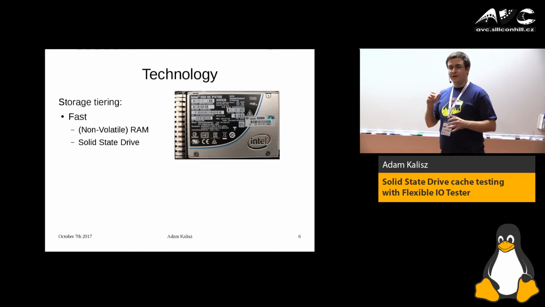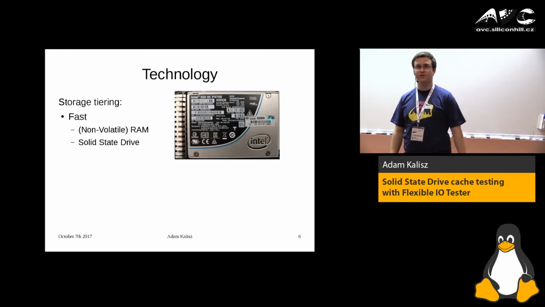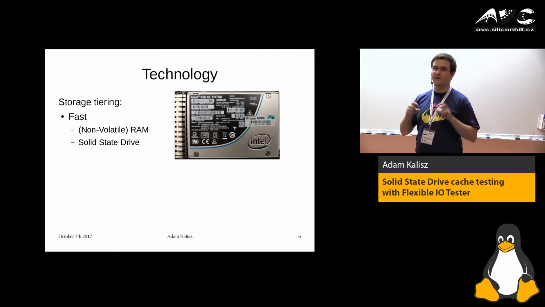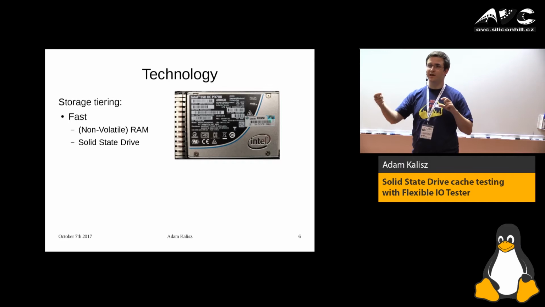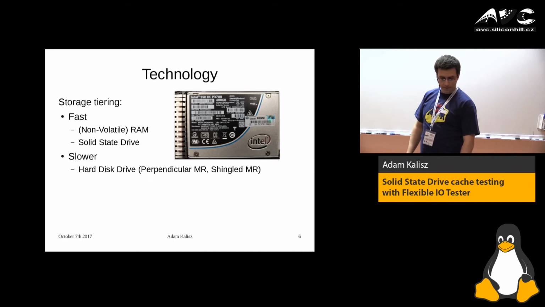Caching also enables storage tiering. We have fast and expensive storage technologies, non-volatile DIMMs, RAM modules with batteries or some kind of technology that is very fast, DRAM-like, but actually doesn't lose any data if you cut the power. You have some very fast solid-state drives.